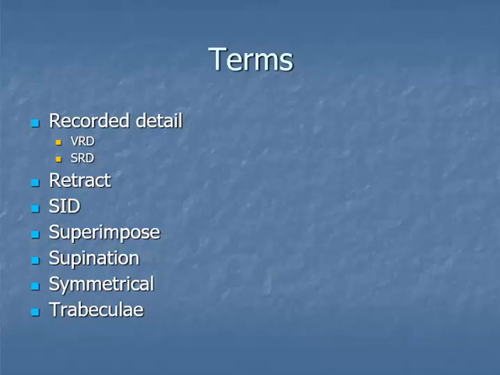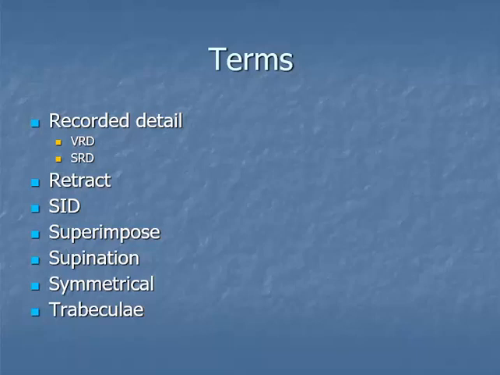Remember everything that we talked about last semester that affects both of those. For sharpness, we're looking at OID, SID, motion or lack of motion, focal spot size, geometric factors, as opposed to visibility, which is primarily about what cleans up scatter radiation.